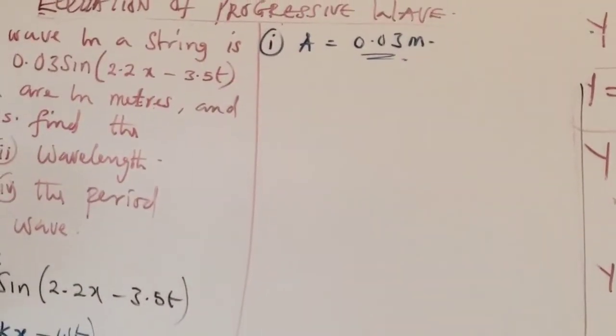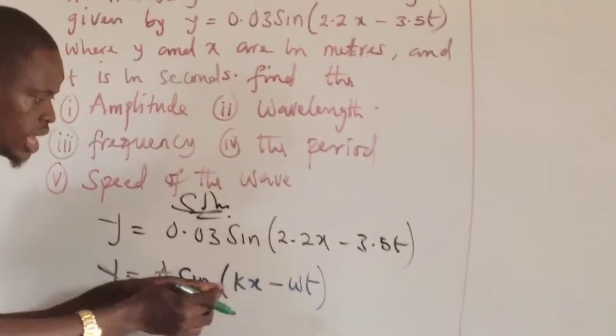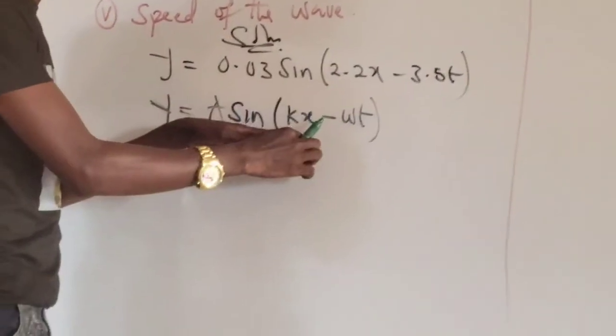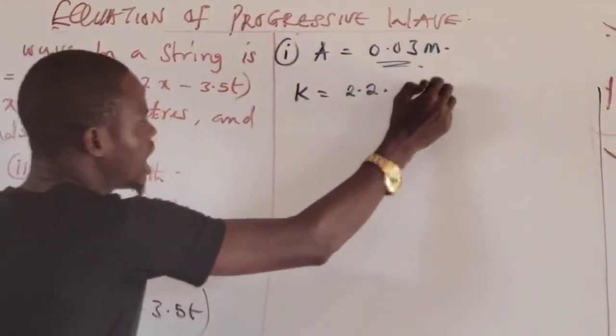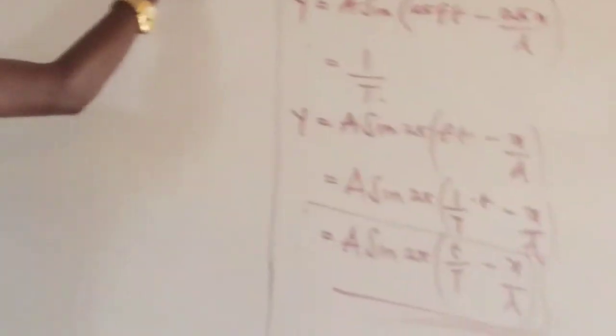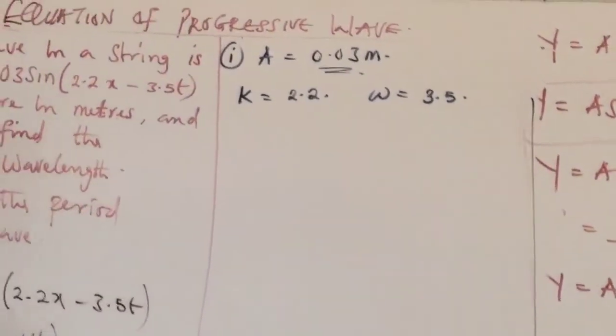Relating x together, if I equate them, my K should be equal to 2.2. That is my K. While my angular frequency, W, should be equal to 3.5. That is my angular frequency, W.